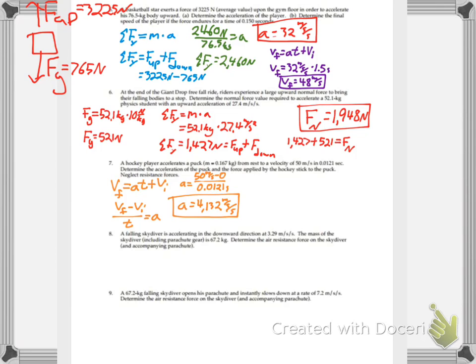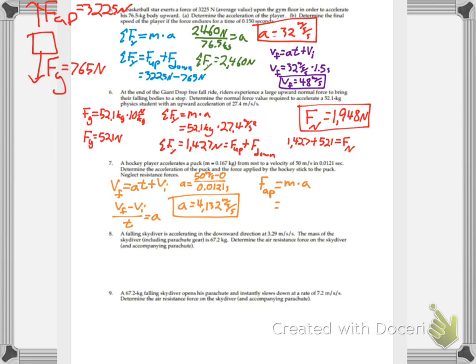So now I want to determine what the applied force was, neglecting resistant forces. If we're neglecting resistant forces, we're just looking for an applied force. So here our applied force will equal our mass times our acceleration.